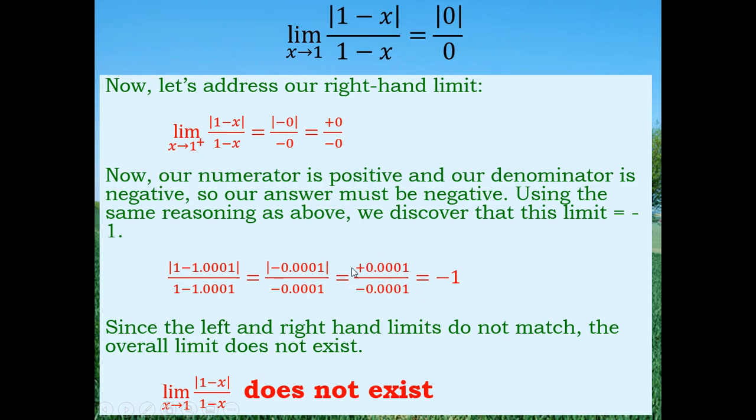So as we approach 1 from the positive side, my output is negative 1. Our left-hand limit was a positive 1 and our right-hand limit is a negative 1, so in this case our overall limit does not exist.